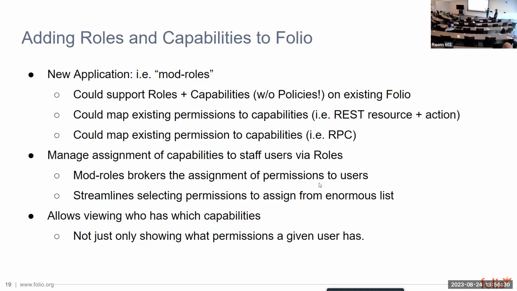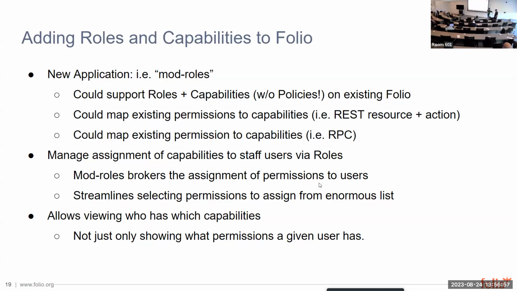We could do that for both the RESTful capabilities as well as the procedural ones. We could manage assignments of capabilities to staff users via roles, so mod-roles could broker these things. As you associate roles with users, mod-roles could then make calls into mod-permissions to assign the appropriate permissions to the user.